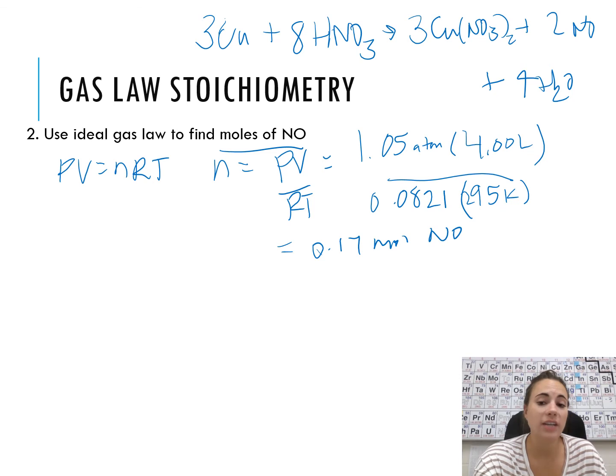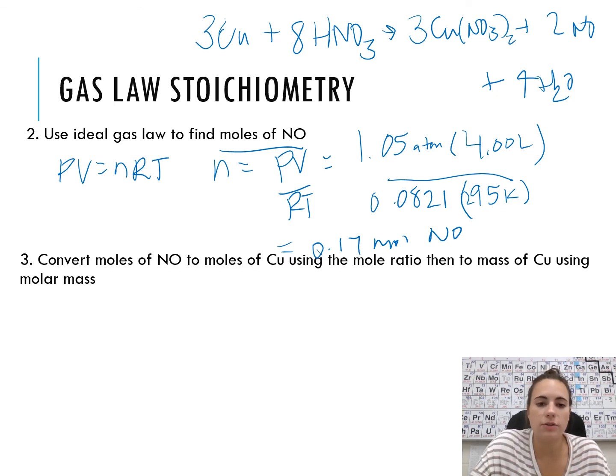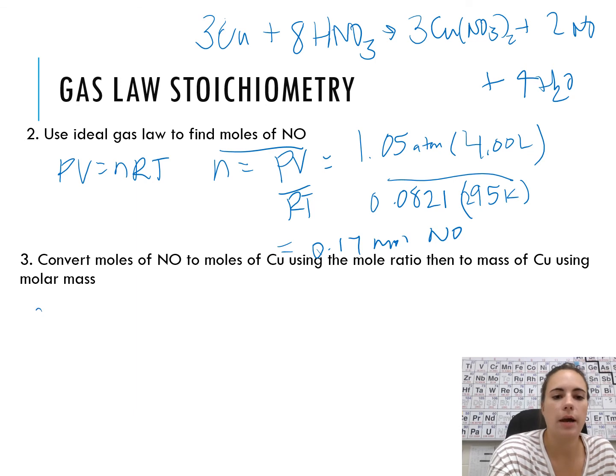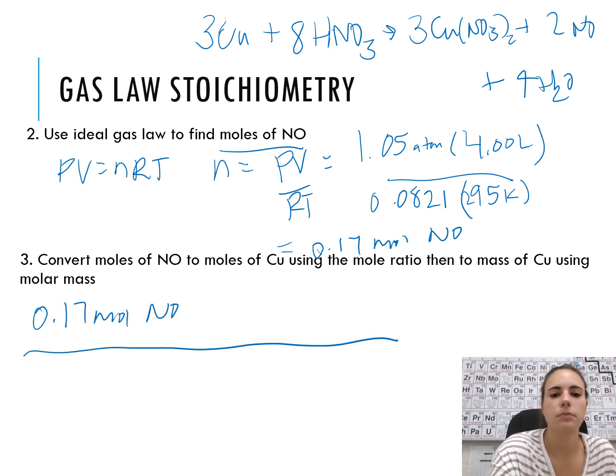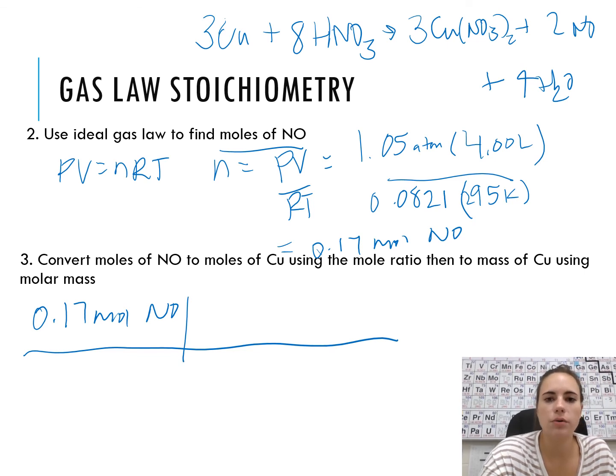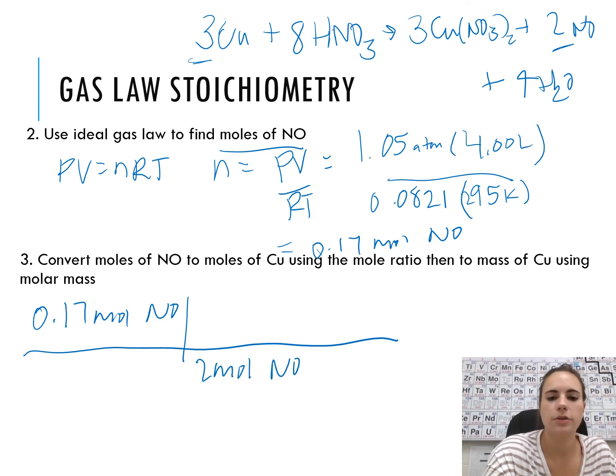So now my question asked me for grams of copper. Well, now that I know the moles of nitrogen monoxide, I can simply convert that to grams of copper using my mole ratio in stoichiometry. So 0.17 moles of nitrogen monoxide, I see from my coefficients that 2 moles of nitrogen monoxide is equal to 3 moles of copper.